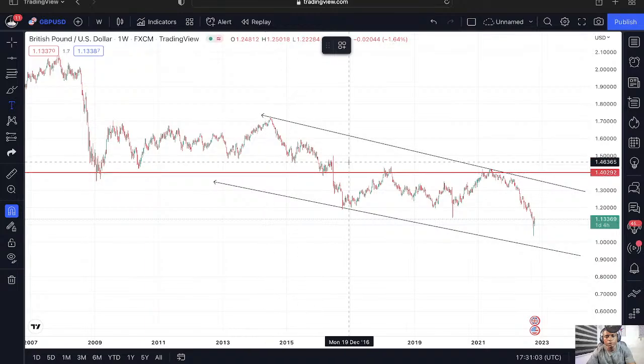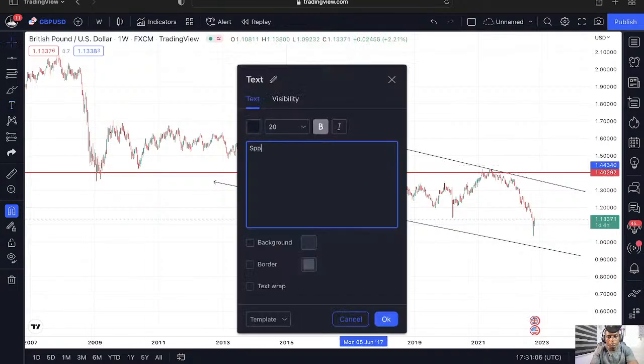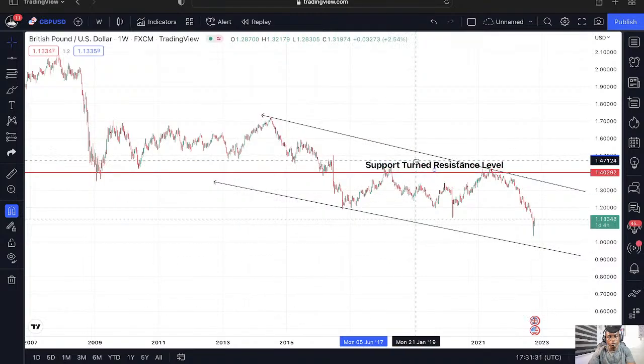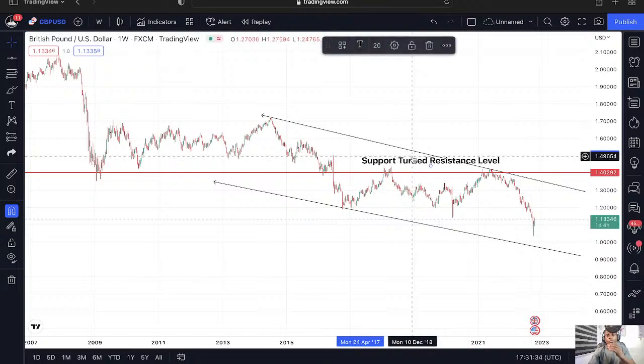Let me label it. All right, support turned resistance.